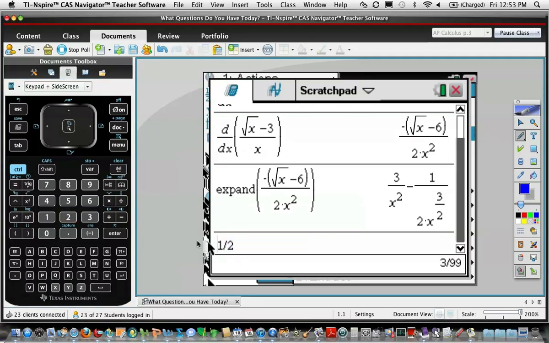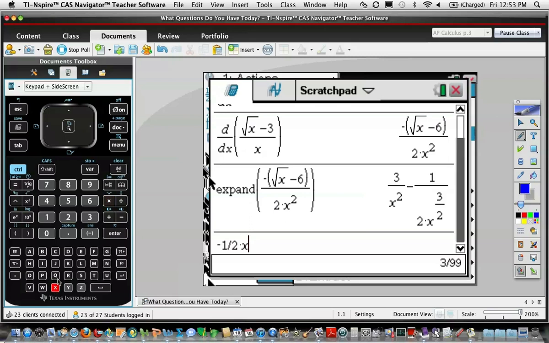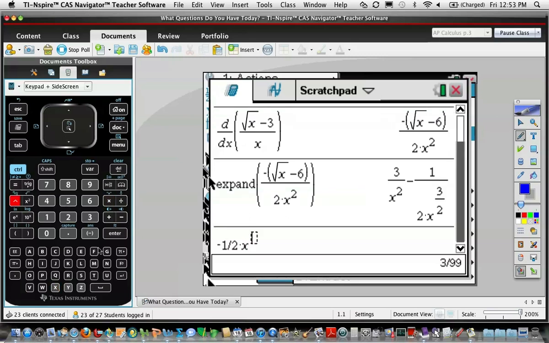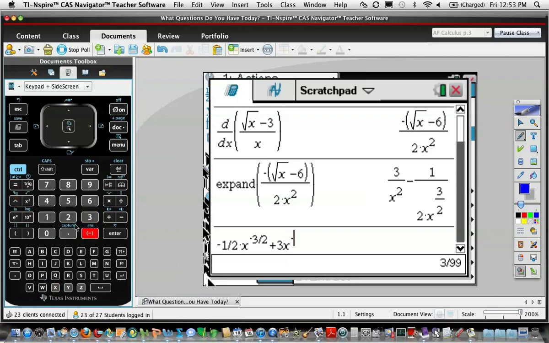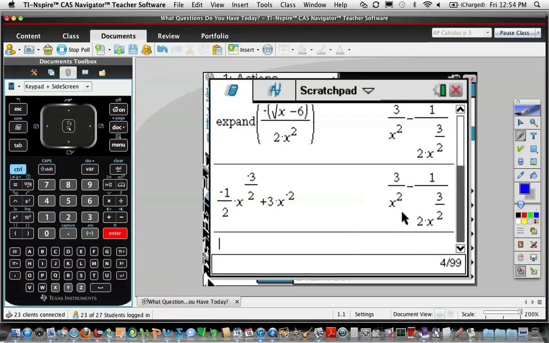I would put negative 1/2 times x raised to the negative 3 halves, plus 3x to the negative 2. Now, when you do that and hit enter, see what it gave me? And now I can see that those two are the same.